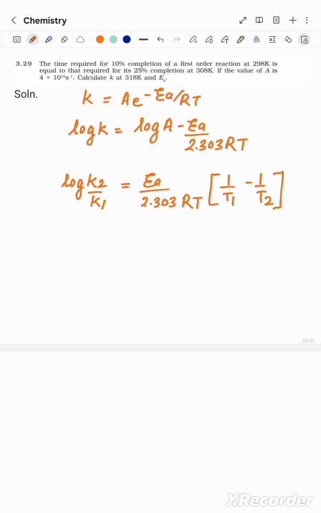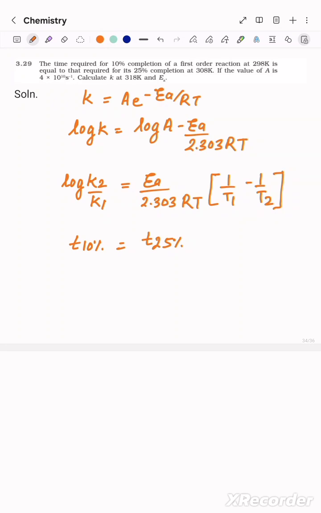How to calculate? First we note that time is given, that is, the time for 10% completion is equal to the time for 25% completion at 308 Kelvin. So what is the formula of a first order reaction?